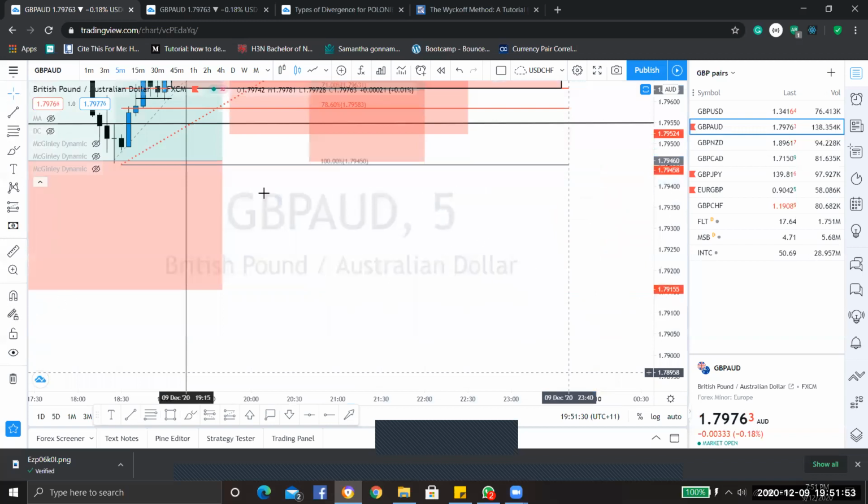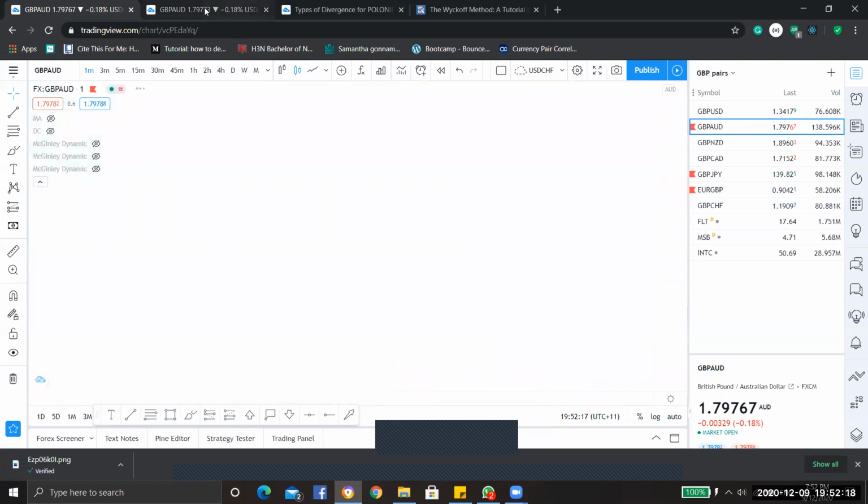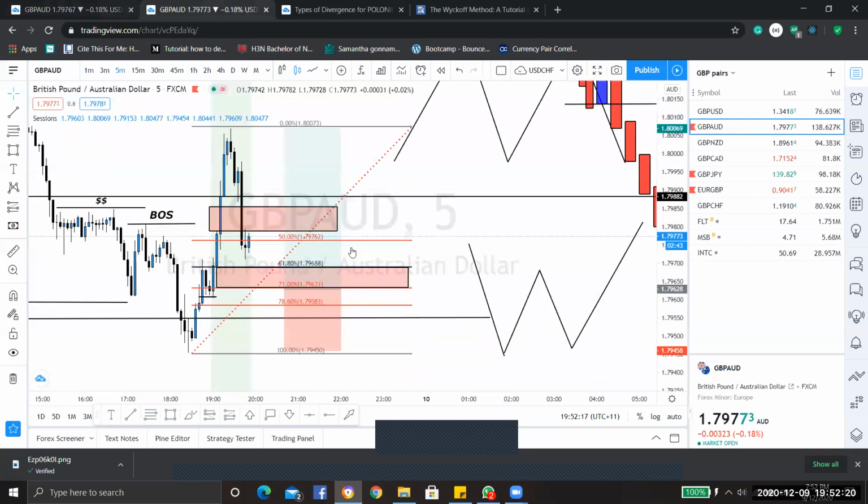It did form equal low over here. Like right now, when I go to 1 minute, to the very small time frame to see the detail, to see what is happening inside the time frame. Again, the 1 minute is not loading so perfectly. It's taking too much time loading.